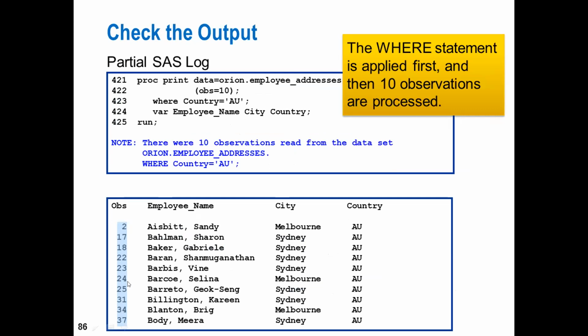But whenever we write a WHERE statement in your DATA step also, it will first filter the rows during execution, and only those rows which are true for this condition will be processed in the PDV. So not all 424 rows are read into the PDV. It will first select the rows for this criteria, and then those are processed in the PDV.